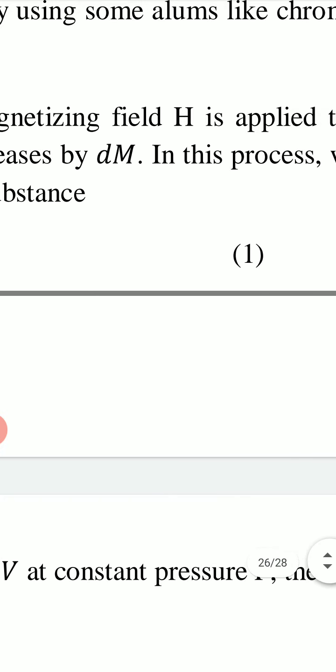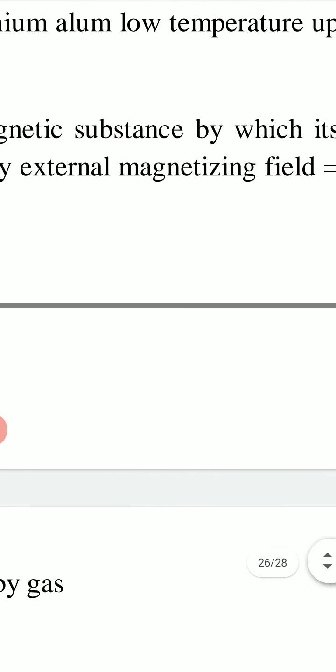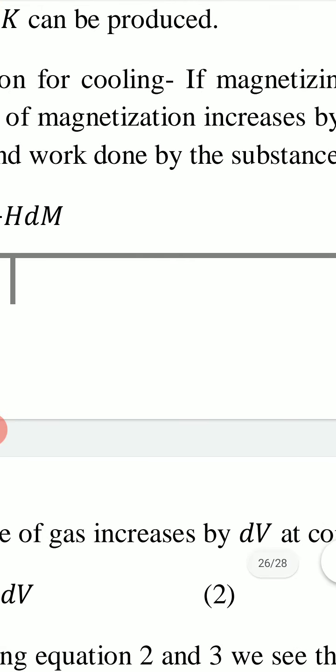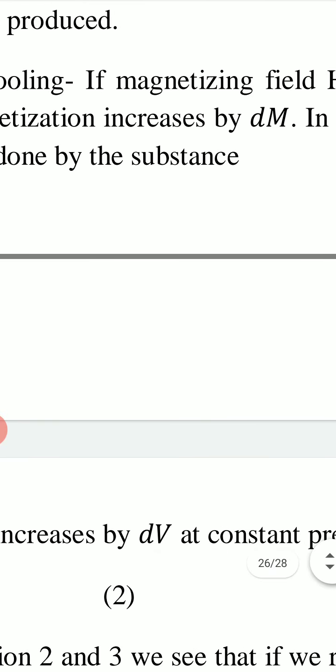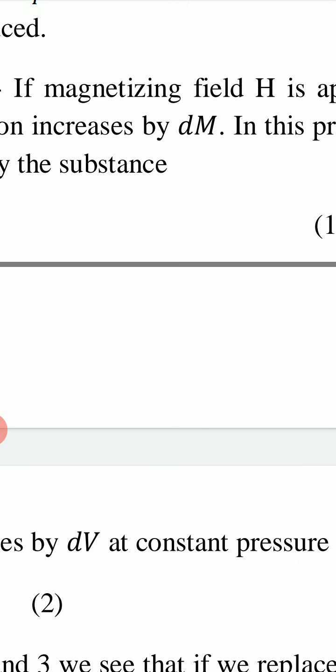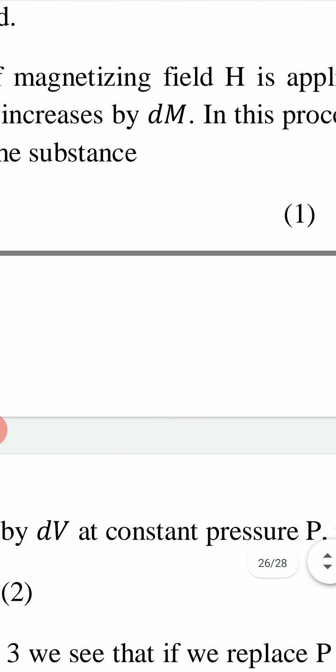If magnetizing field H is applied to a paramagnetic substance by which its intensity of magnetization M increases by dm, we consider magnetizing field capital H. When this magnetizing field capital H is applied, the intensity of magnetization, which we write by capital M, increases by dm.